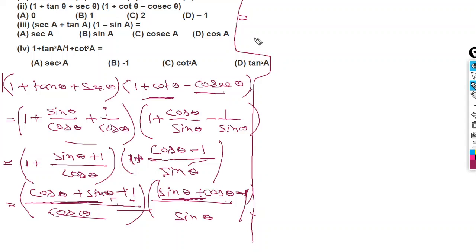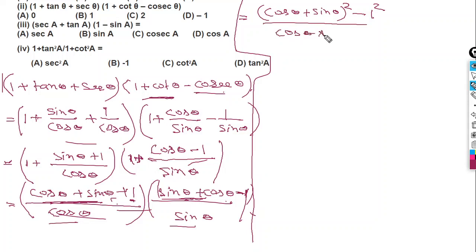So we will directly write cos theta plus sin theta whole square, a square minus b square is 1 square, divided by, the denominator will be cos theta into sin theta, that means you can directly write cos theta into sin theta.